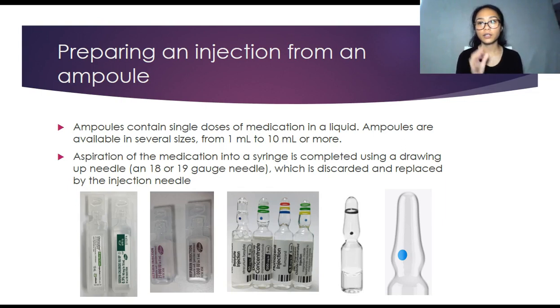So aside from syringes and needles, the equipment that we'll need is what is actually holding the medication that we need to draw up and then administer to the patient. And so you can see on the screen there are two really different types of ampules.